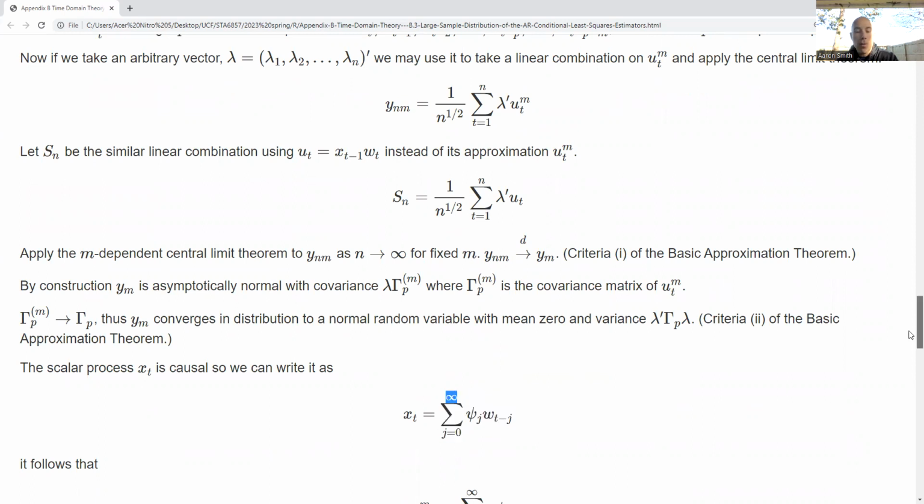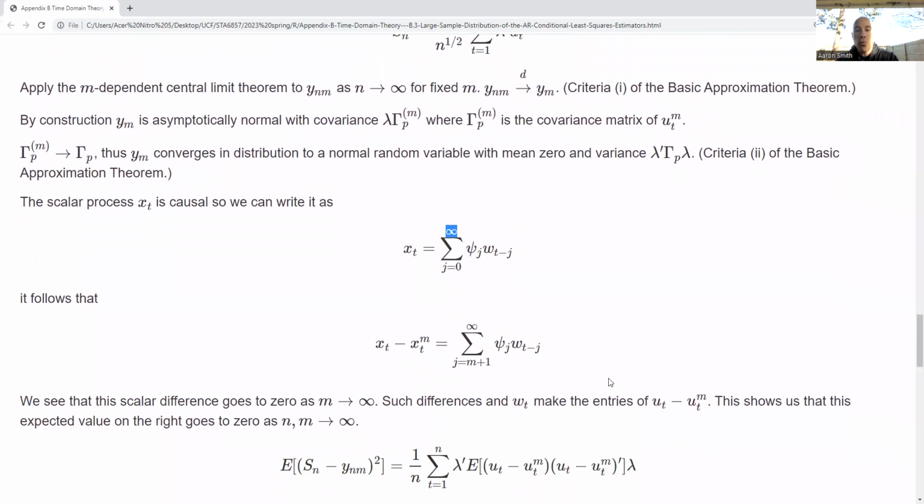Okay. So when I do that, if I subtract, well, what's going to happen? Well, those first finite, 0 through m terms in the summation are going to cancel out in this subtraction. When they cancel out, I'm left with everything m plus 1 and greater in index. Okay.